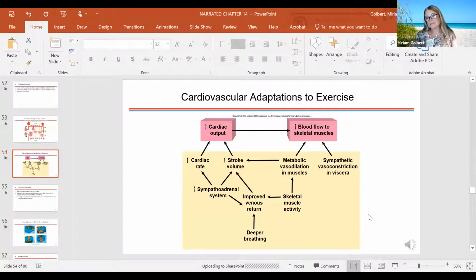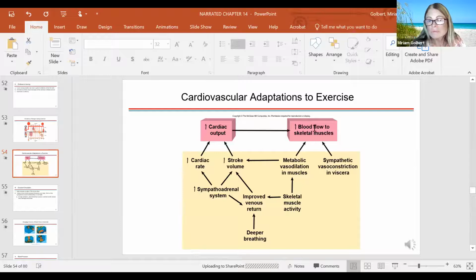So that's what happens. This is just the outline of everything that we've seen. With exercise, athletes will have increased cardiac output, and that comes from increased cardiac rate and increased stroke volume, right? And that allows for increased blood flow to skeletal muscles, which in turn, remember that skeletal muscle activity causes vasodilation in those little arterioles and sympathetic contraction of the other organs in the body.